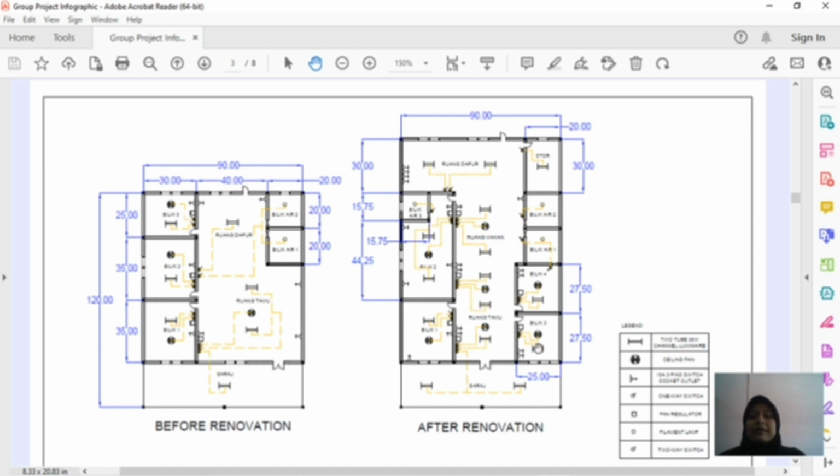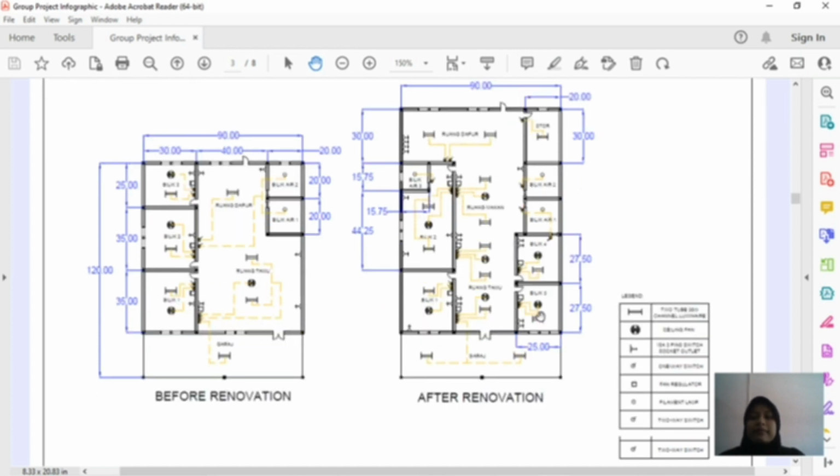So we go to bilik 3 and bilik 4. The area of bilik 3 and bilik 4 is 25 times 37.5 mm.